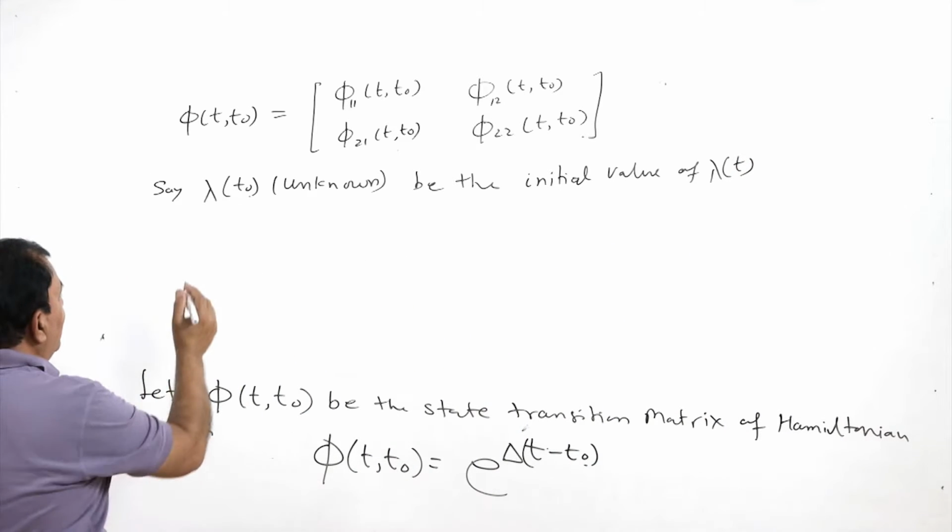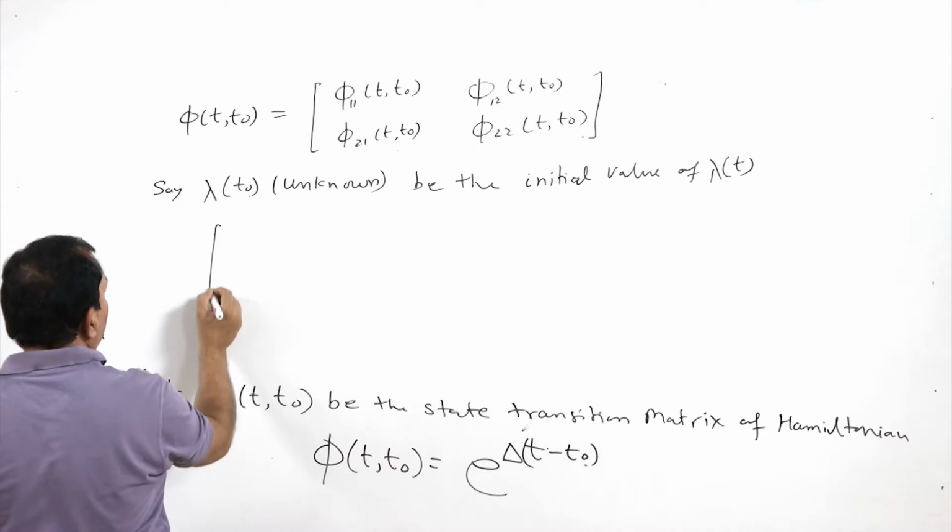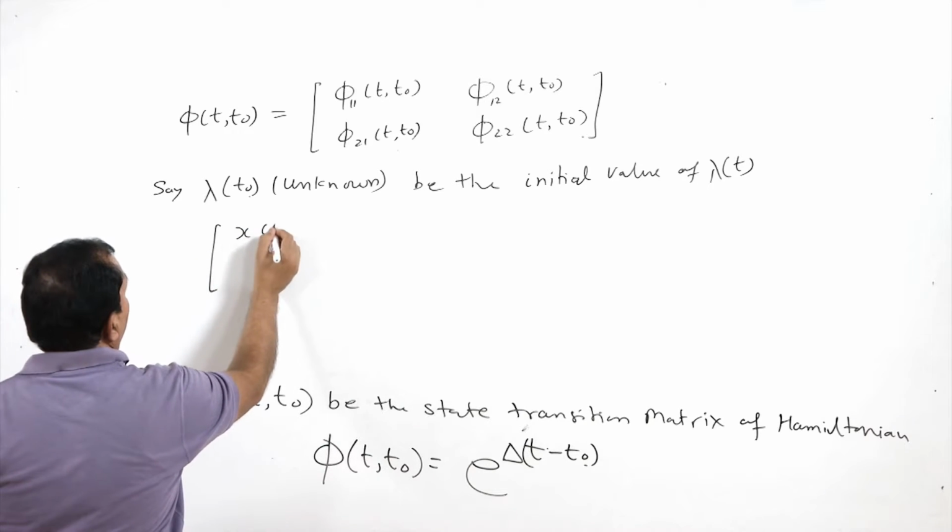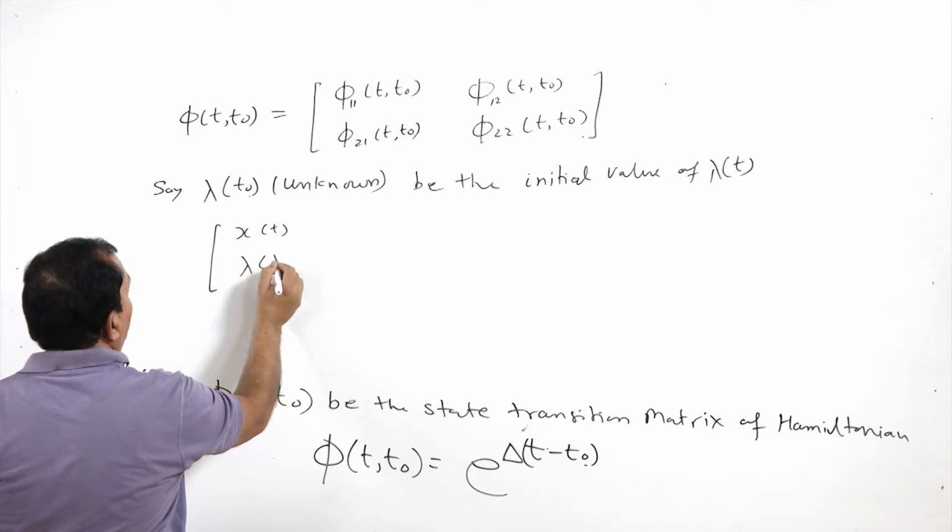So, what can we write as the solution for the Hamiltonian system? What will be my x t and lambda t?